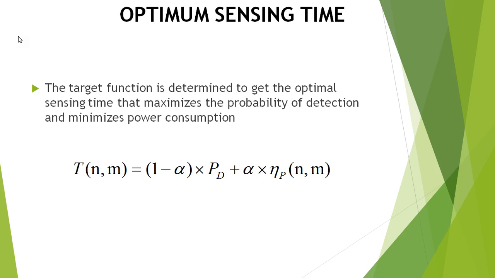Here, alpha is a constant which varies between 0 and 1. If alpha tends to 0, the probability of detection is regarded as a more important factor. If alpha tends to 1, then the power efficiency is regarded as more important than the detection probability.